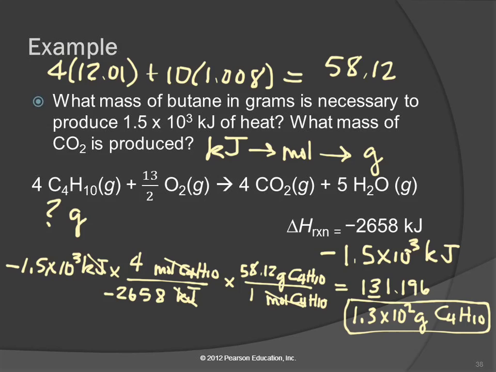Yes, question? Can you go over how you knew 1.5 times 10 to the third was negative? How did I know that? So what mass of butane is necessary to produce this amount of heat? The key word is produce. We could just look at the negative 2,658 kilojoules.